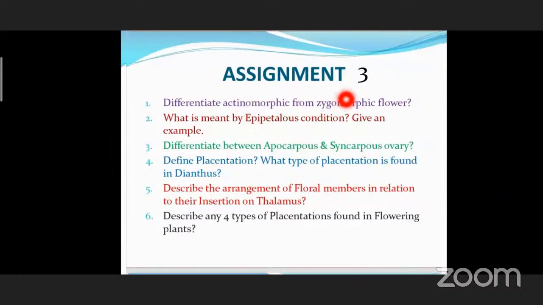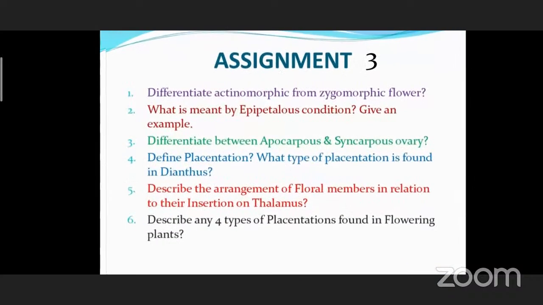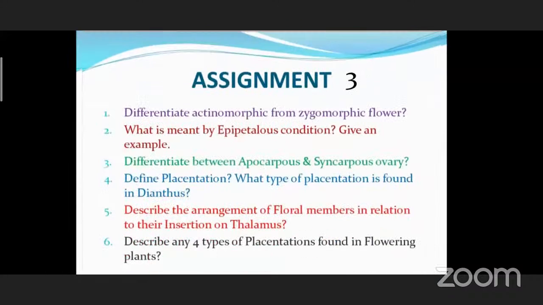This is yesterday's assignment. Question 3: differentiate between actinomorphic and zygomorphic flowers. Next, second question: what is meant by epipetalous condition? Give an example. Third question: differentiate between apocarpous and syncarpous. Apocarpous means the carpels are free. Define placentation. What type of placentation is found in dianthus?